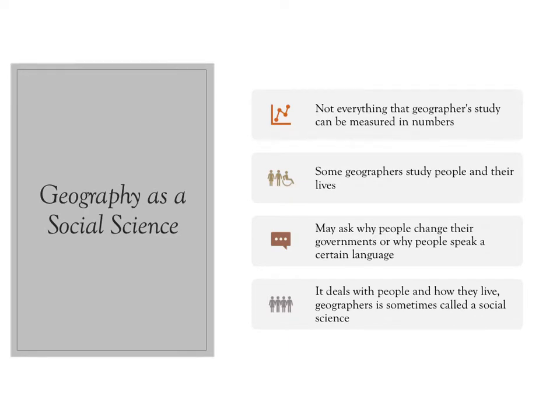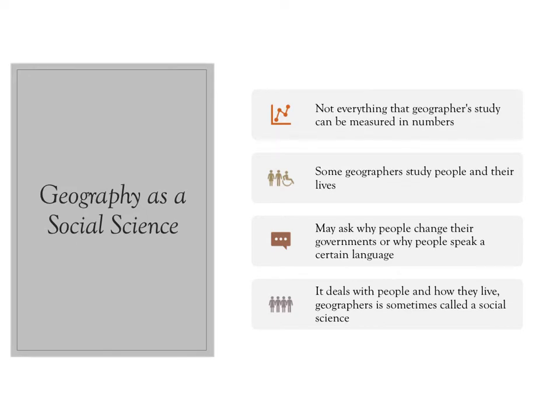However, not everything that geographers study can be measured in numbers. Geographers can study people and their lives. For example, they can go to a certain place and ask people whether they want to change their government or not, whether they are satisfied with their lives or not.